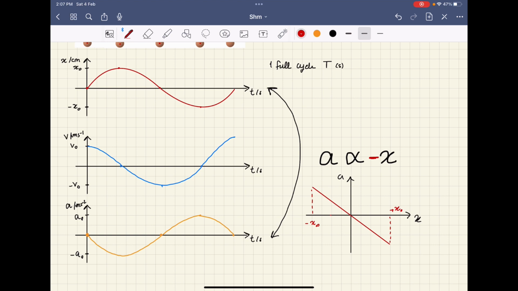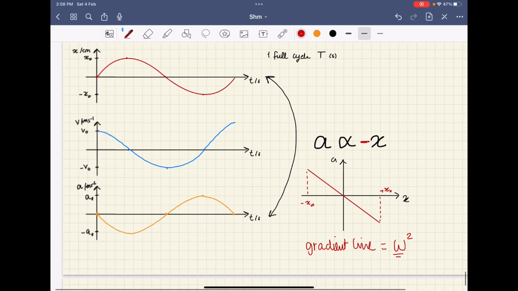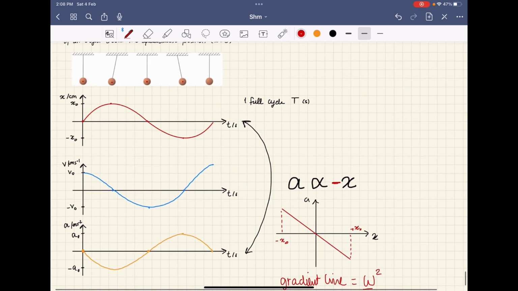Okay. Now what does the gradient of this line give you? The gradient of the line is equal to omega squared. And where omega is what? Omega is the full cycle of the pendulum. So let's take this pendulum, for example. We know that if we start from this point, the oscillation represents 2 pi, okay?